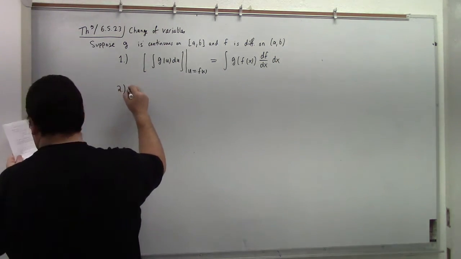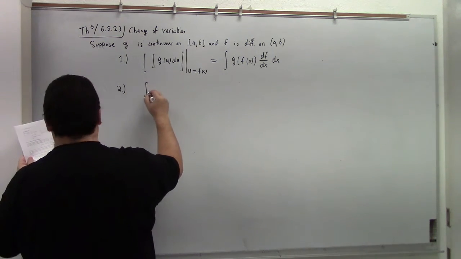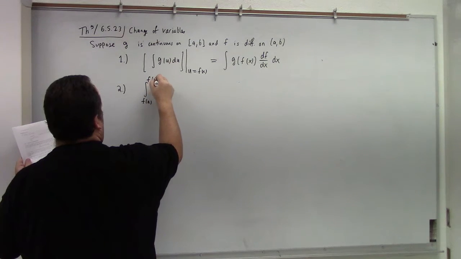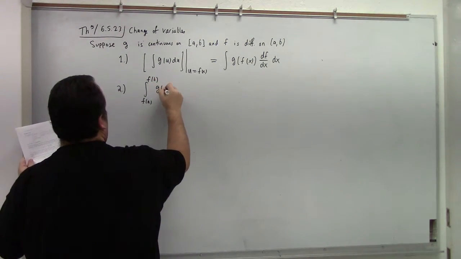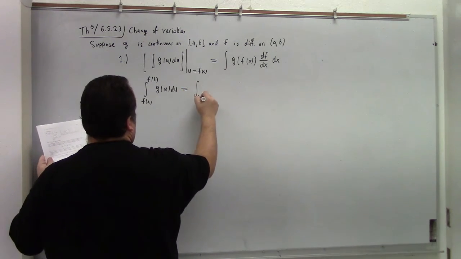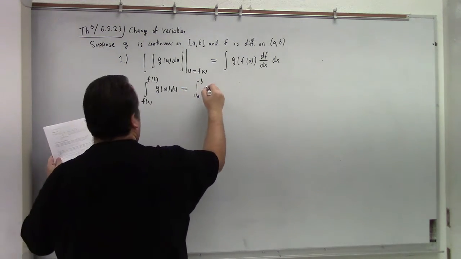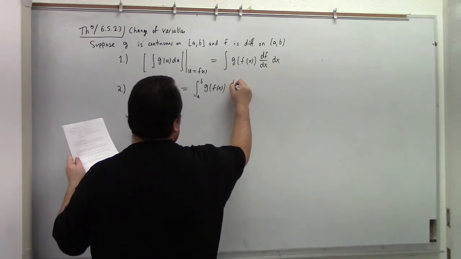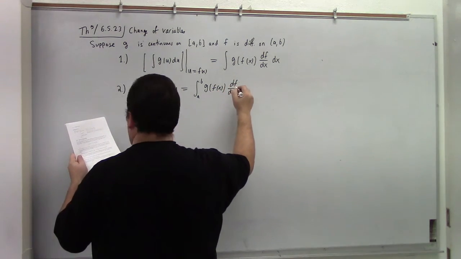And number two, the integral from f of a to f of b of g of u du is equal to the integral from a to b of g of f of x df/dx dx.